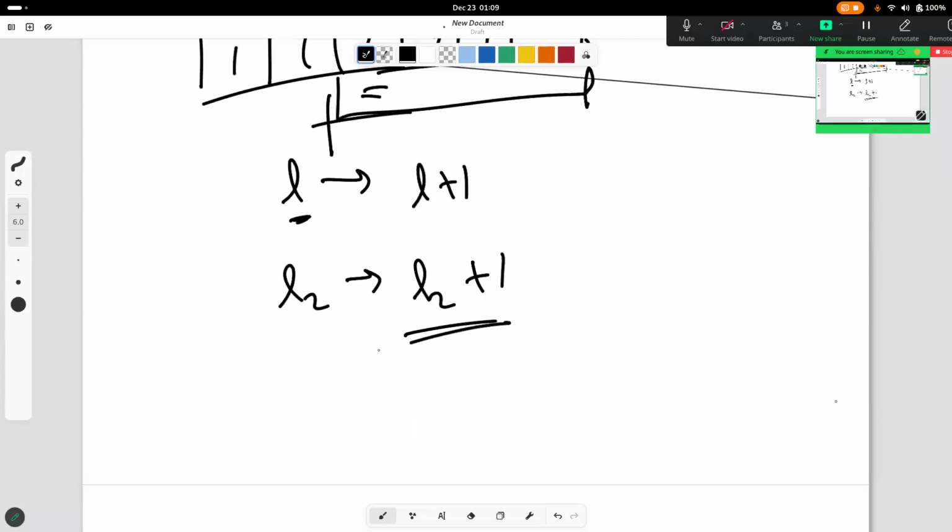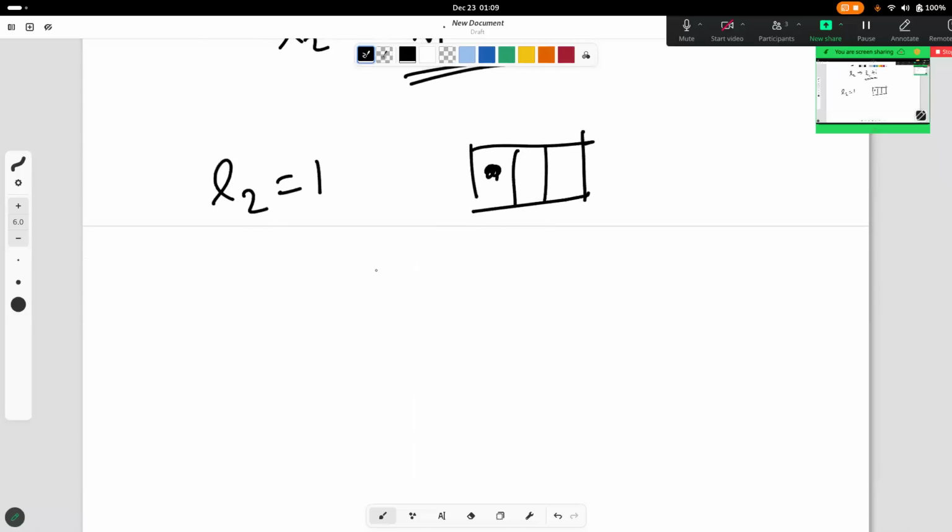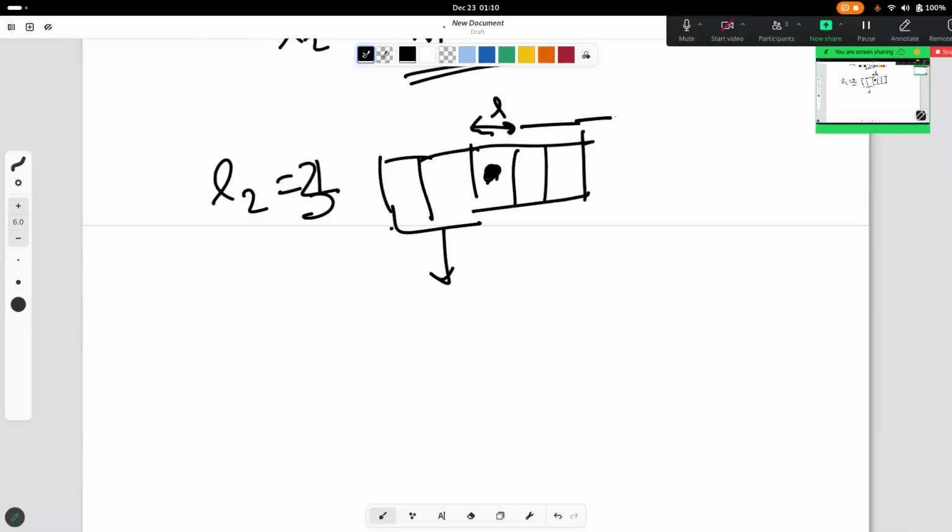So what I'm trying to say is, if you started with L2 equal to 1, then all your operations would be with respect to this cell. Now say you started with L2 equal to 3, all your operations would be with respect to this cell. Your snake would start over here, it would expand, contract, and reach somewhere over this cell.